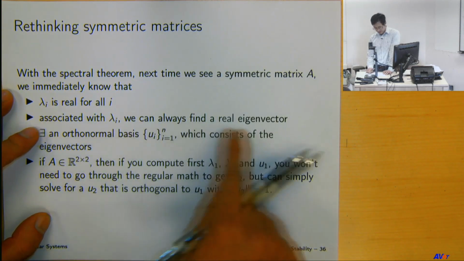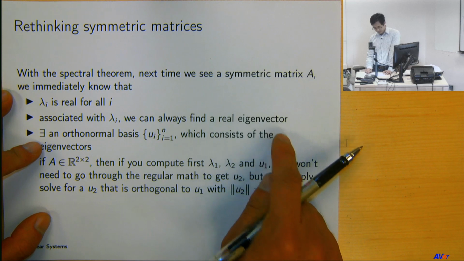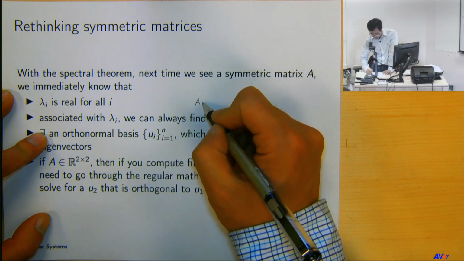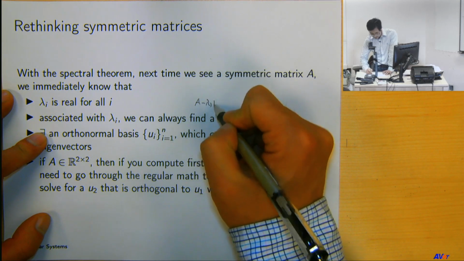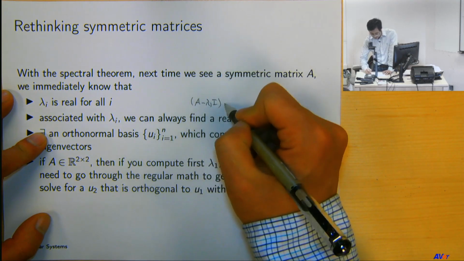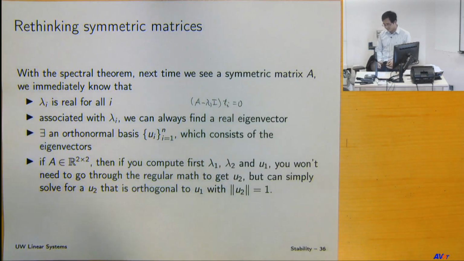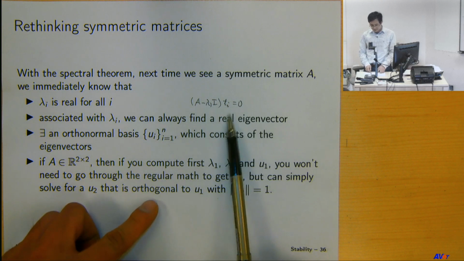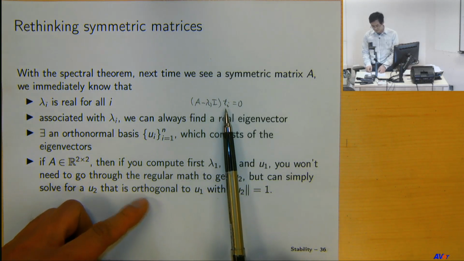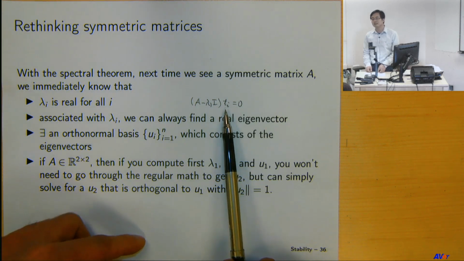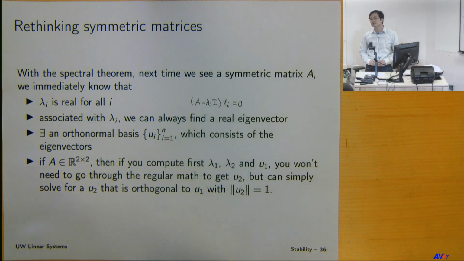If A is real and symmetric, and the eigenvalue is also real, and I want to compute the eigenvector, is this real, or can it be complex? Real? All right. What do you think?